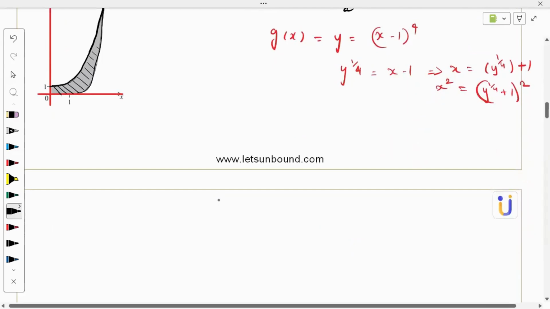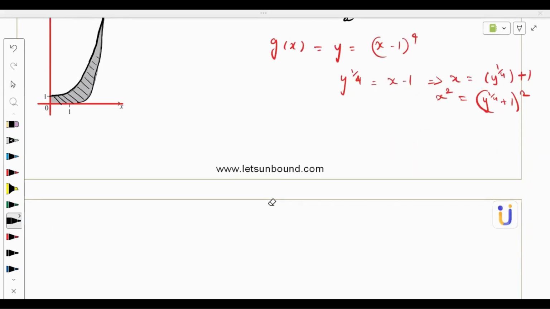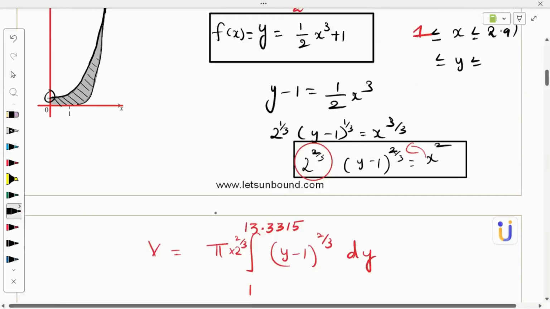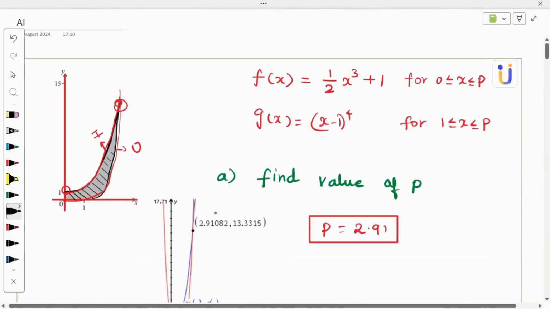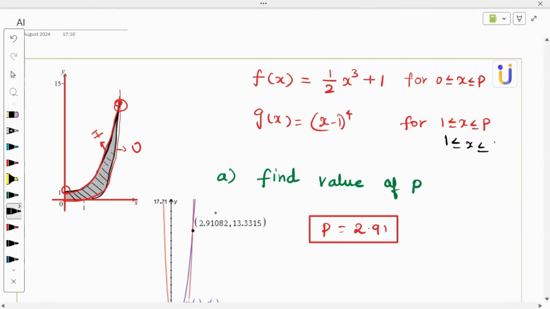Okay, coming to the bounds. The bounds will be the same from the previous graph because we have both the graphs over there. So we can just refer. The bound is running from 0 to the same point. Correct? Let me show you. Here x is actually running from 1 to, for g of x we are solving, 2.91 something.